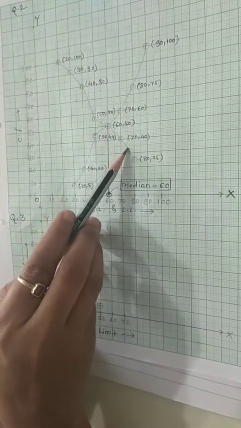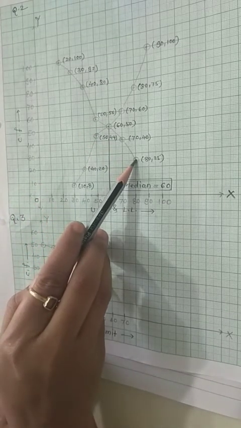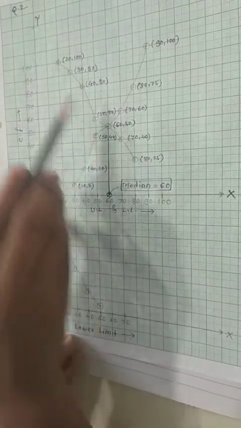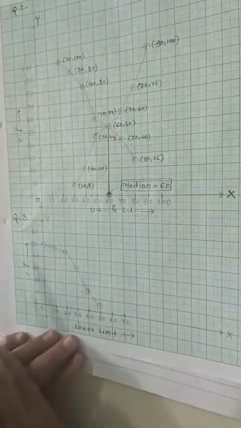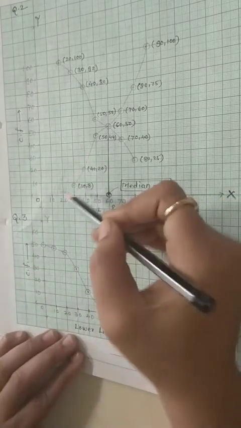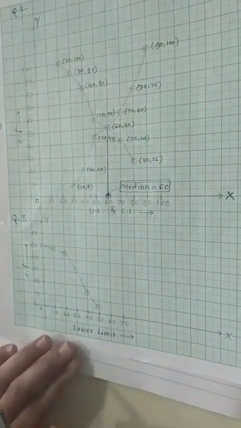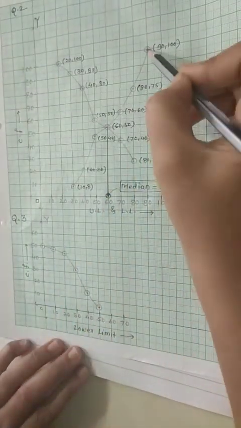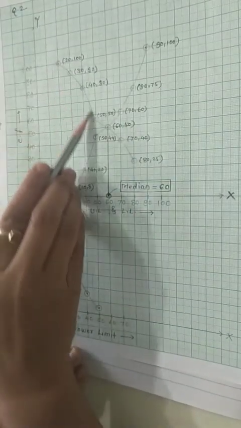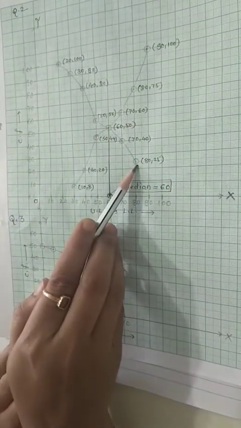After plotting these points on the graph paper, this is our less than type cumulative frequency curve, which is the less than type ogive, which is cumulated upward, and this is the more than type ogive, which is cumulated downward.